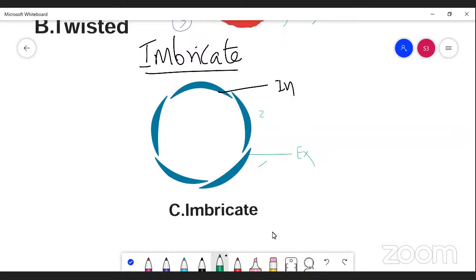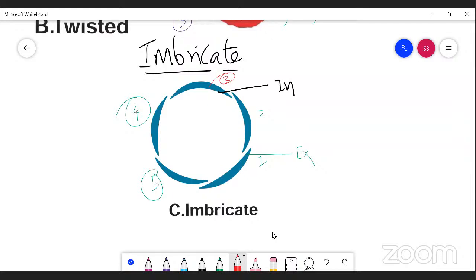The remaining 3, the second, fourth and fifth, are in and out. So the first sepal or petal is totally exterior, and the third is totally interior. Every petal, as I said, consists of two edges.